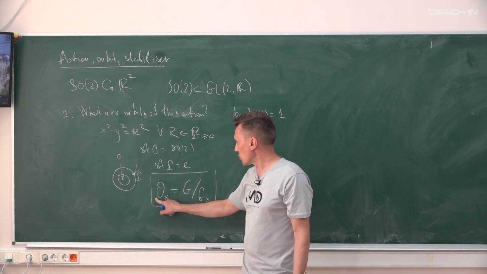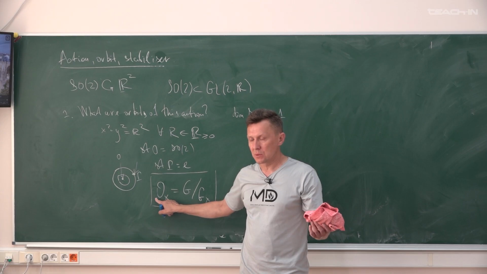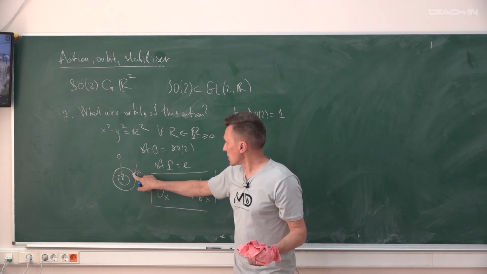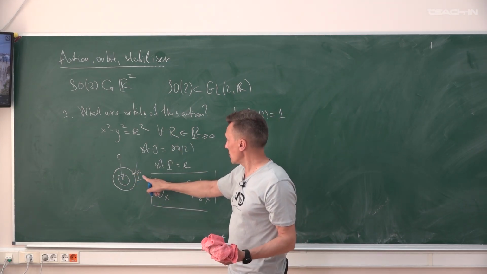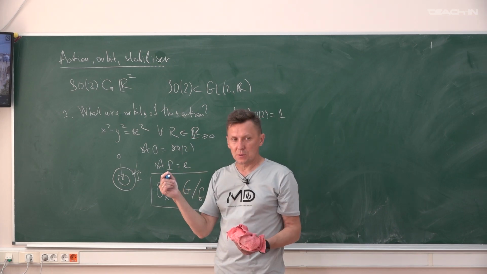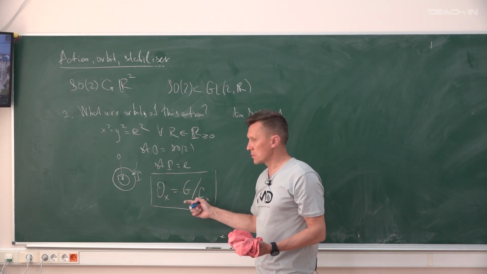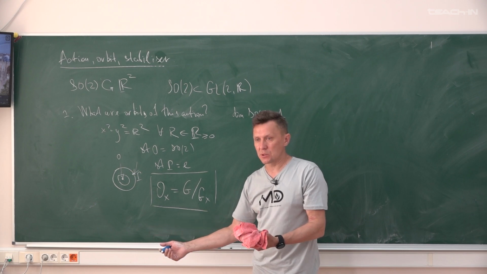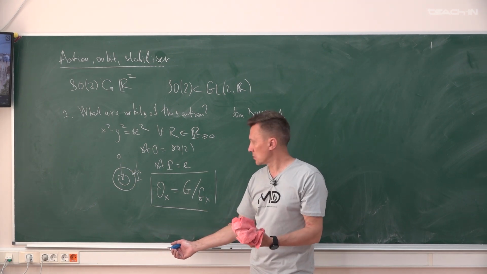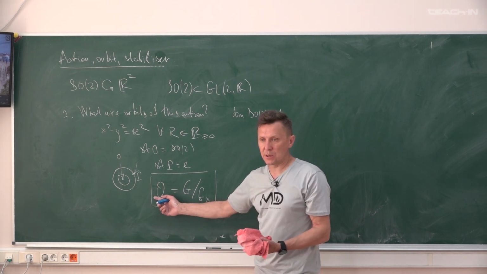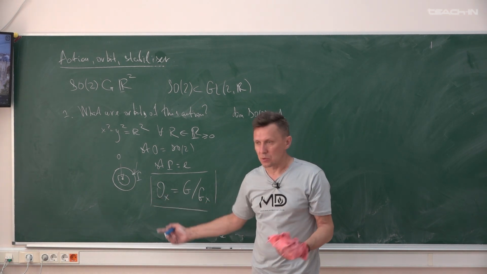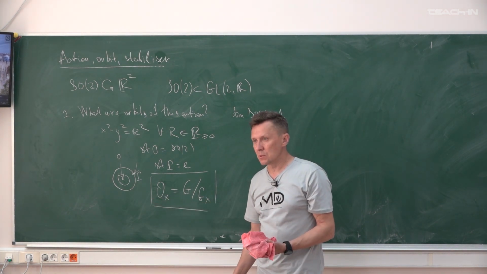And that's why the orbit is just a point. And at the generic point, the group is S1, but the stabilizer is trivial. That's why the quotient group is the same as the initial group. It is the circle, and the generic orbit is a circle. Okay?